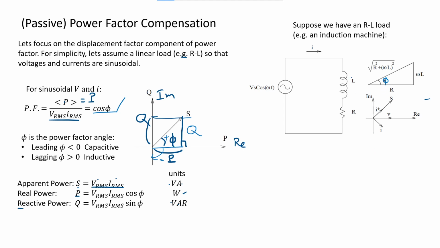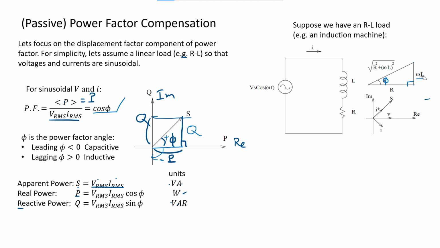First, you start by drawing a right triangle and labeling the impedance. This edge you label as the resistor, with impedance R, and the imaginary axis, or this edge of the triangle, you label as the impedance of the inductor, which is L times omega.